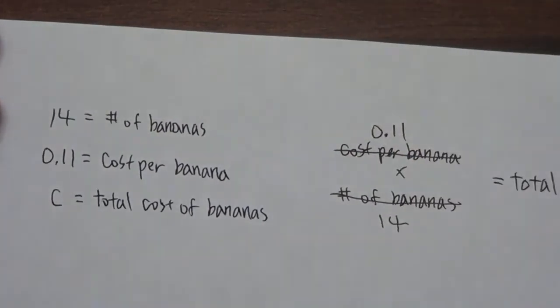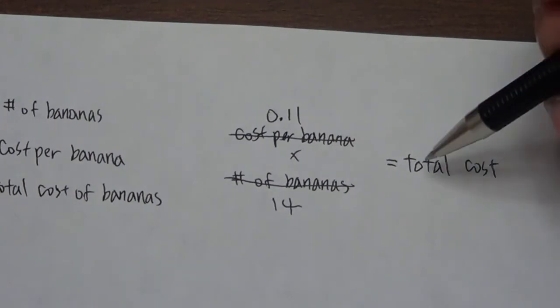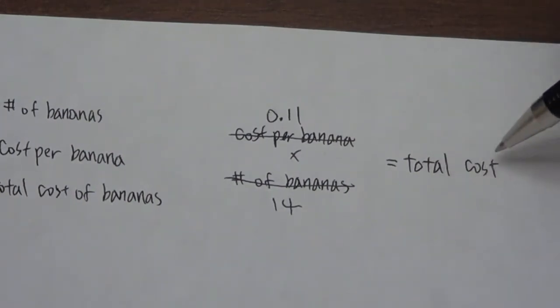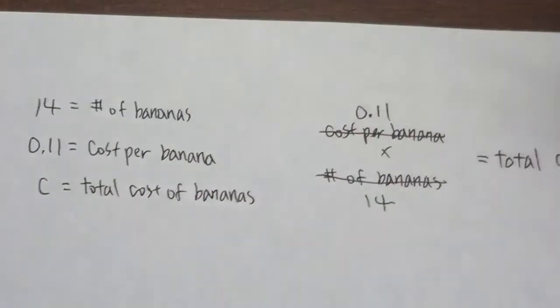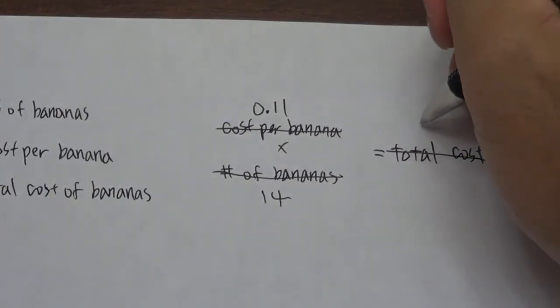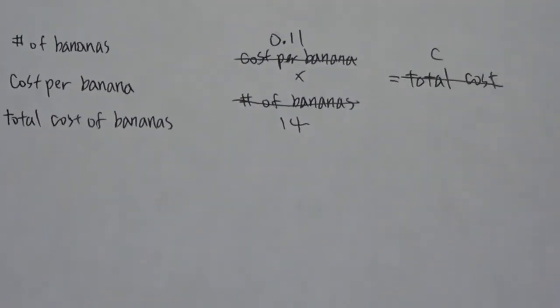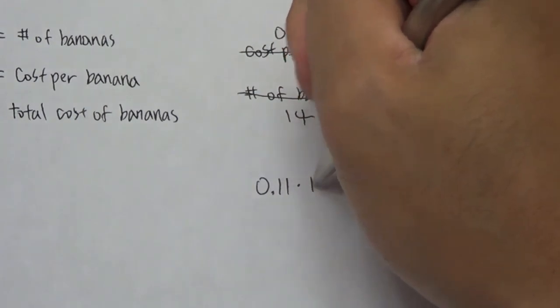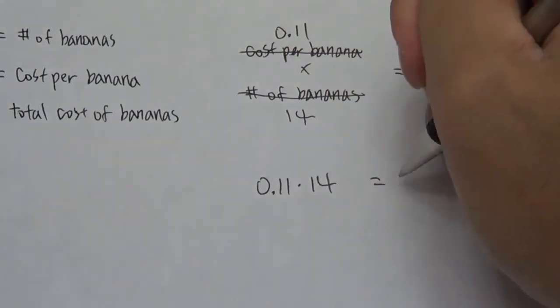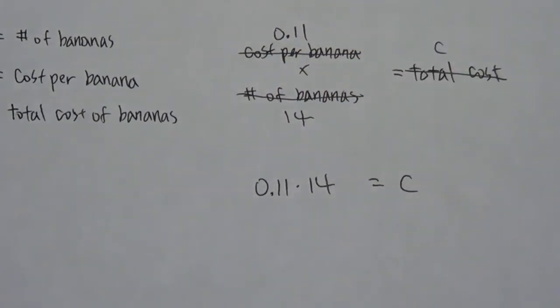And then last, do we have something that represents the total cost? We do, even though it's not a number, but we define it as the variable c. So instead of writing that, I'm just going to write c. So the equation we get is 0.11 times 14. That'll give me c.